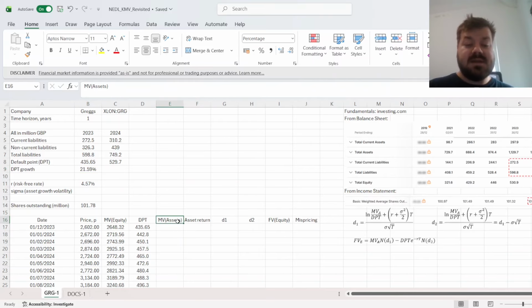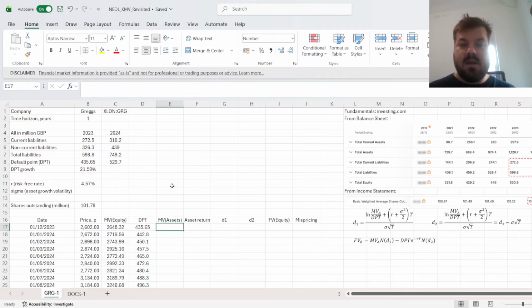The market value of assets is something that the model is guessing, because the market value of assets is unobservable. The company has a lot of assets on its books. Some of them are recorded at market values or revalued periodically, but most of them are recorded at book values. And well, we cannot just use the total assets figures from the balance sheet here.